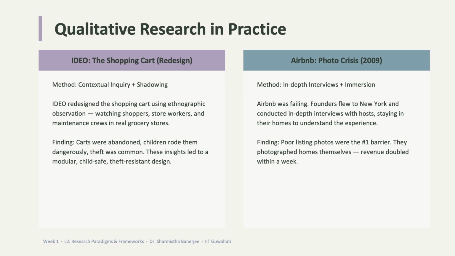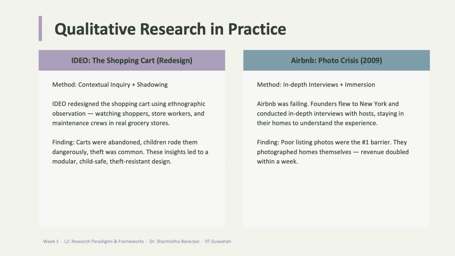Similarly, Airbnb in 2009 was failing badly. So the founders decided to fly to New York and conduct in-depth interviews with the hosts. They stayed in their homes to understand their experiences. Through this research, they discovered that the poor listing photos which the hosts were taking were the number one barrier.